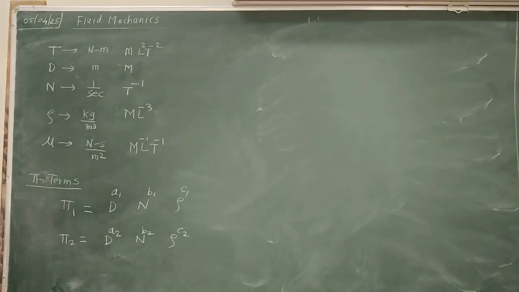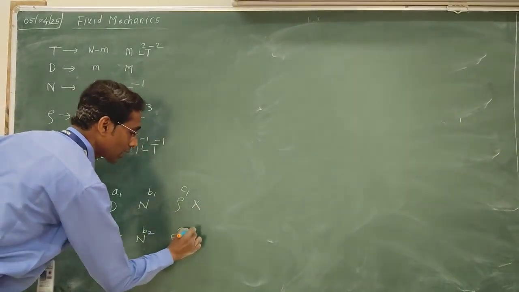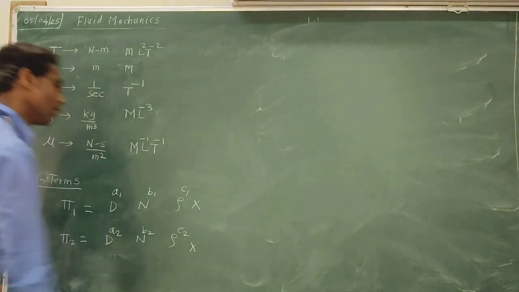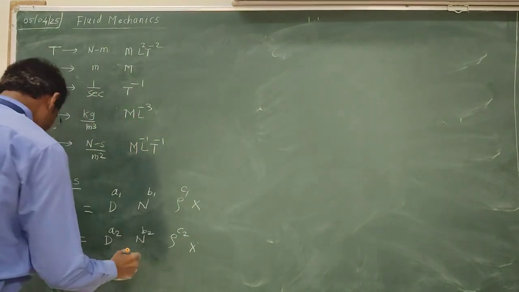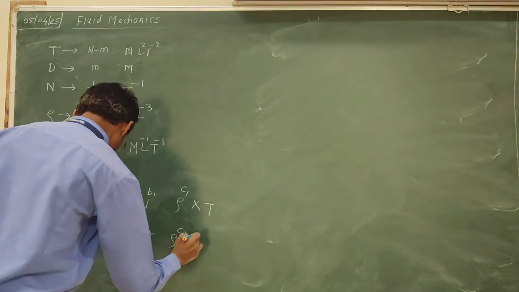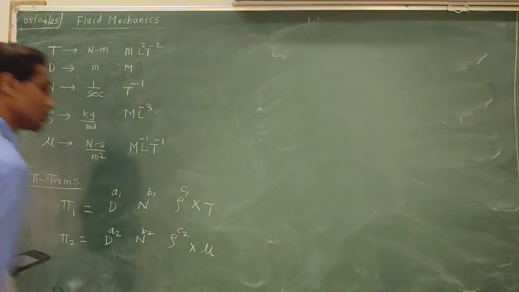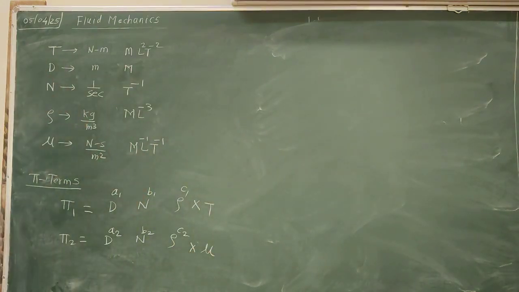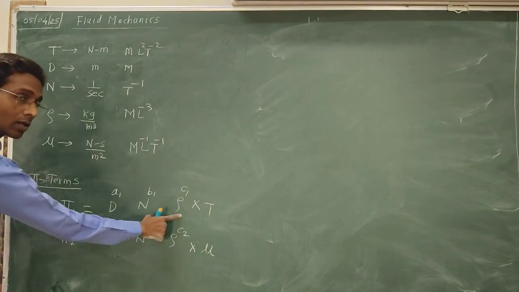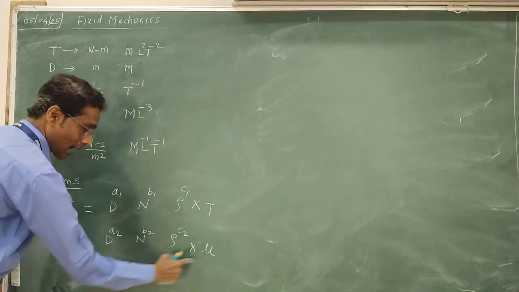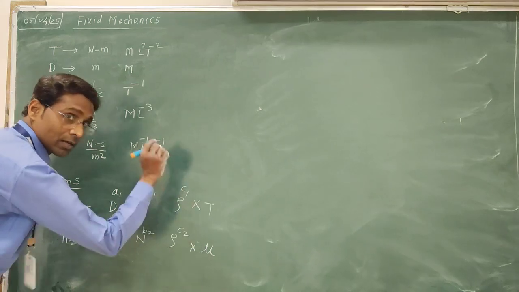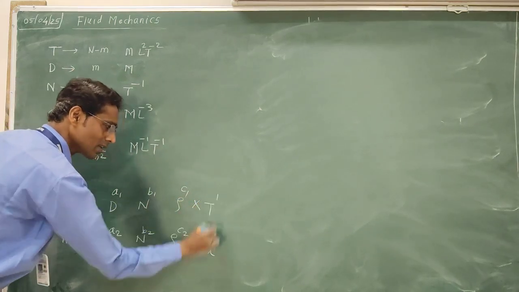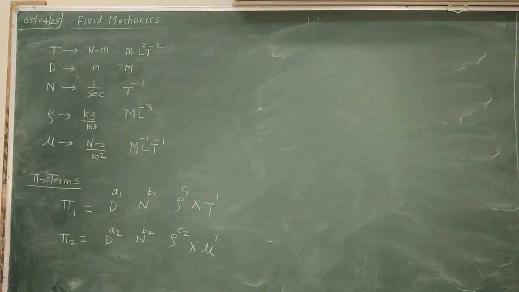Now we have to multiply with the remaining variables. What is remaining? One is torque, and another is dynamic viscosity. So D, N and rho are multiplied by torque in one term, and by mu in the other, each with an exponent, because we have to now equate these exponents.